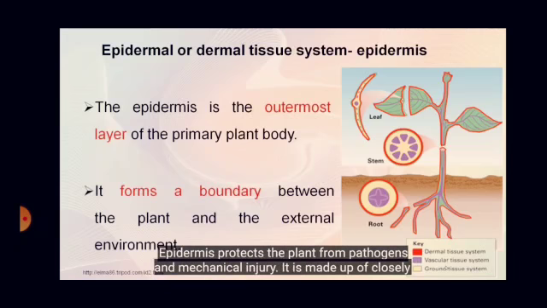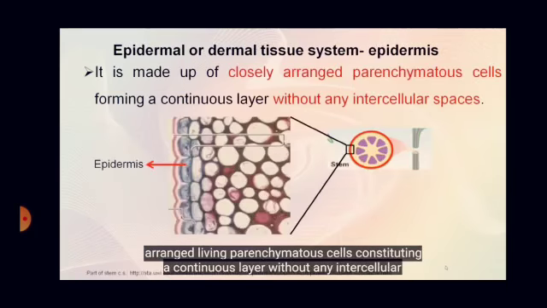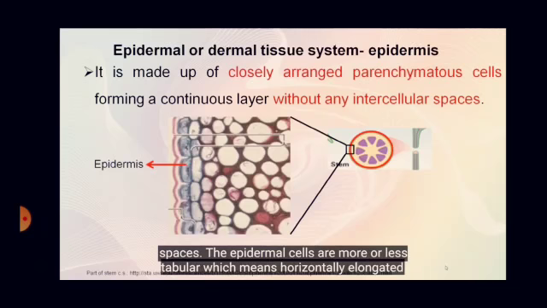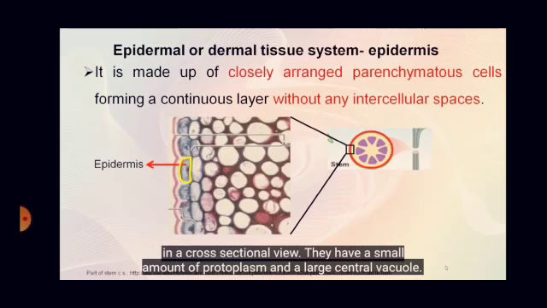It protects the plant from pathogens and mechanical injury. It is made up of living parenchymatous cells arranged in a continuous layer without any space. Epidermal cells are more or less tabular, which means horizontally elongated. In cross-sectional view, they have a small amount of protoplasm and a large central vacuole.